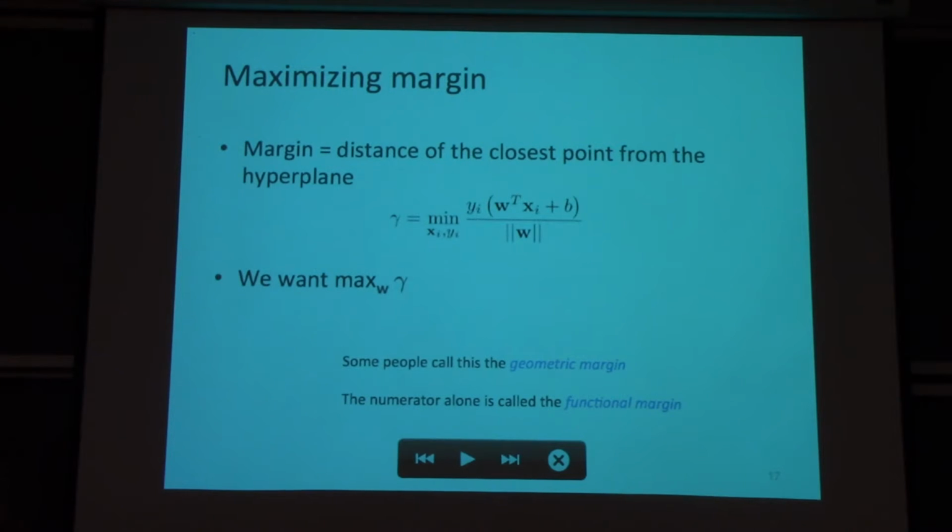We want to maximize the margin, but we have the freedom to scale W and b together. If we multiply both W and b by a constant, it doesn't change anything. So why not restrict to the case where the closest distance is 1?